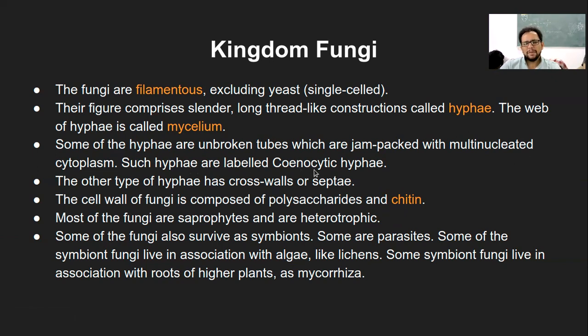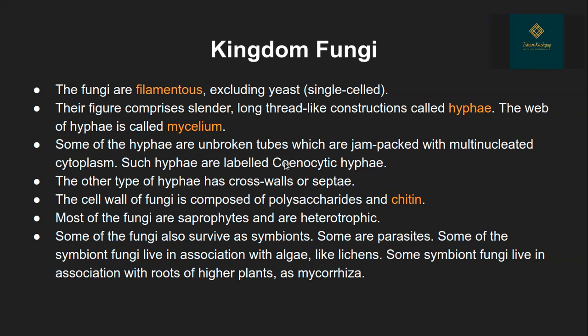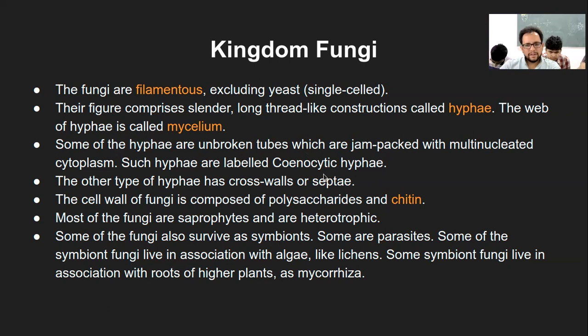Such hyphae are called coenocytic. But you can forget this because it is not part of the syllabus. If you want to remember, the unbroken tubular structure of the hyphae is called coenocytic hyphae. The broken ones may have multinucleated cytoplasm as well, but it depends on how many nuclei are already present, and if they are broken, they might have just a single nucleus. So it depends. But if it is an old hyphal structure, it will have many nuclei.